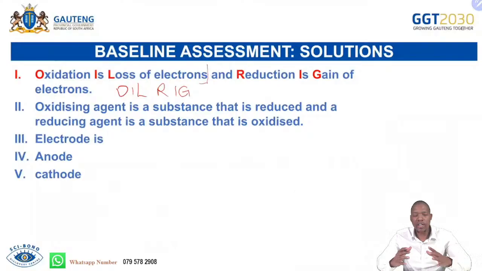OIL RIG is a mnemonic that we use most of the time to remember the definition of oxidation and reduction, where OIL stands for oxidation is loss of electrons, and RIG, R-I-G, stands for reduction is the gain of electrons.